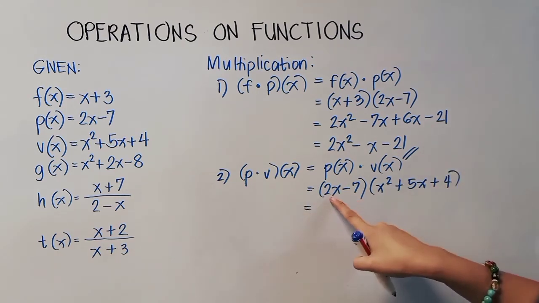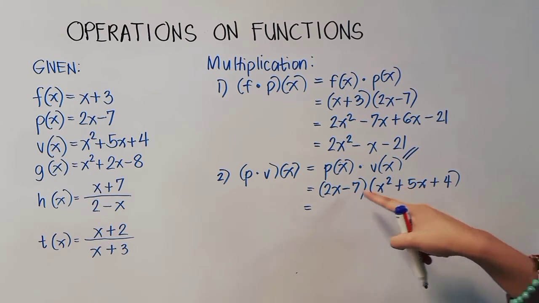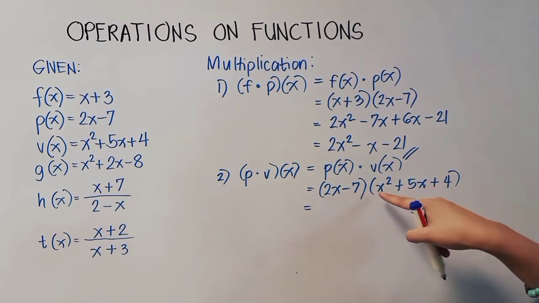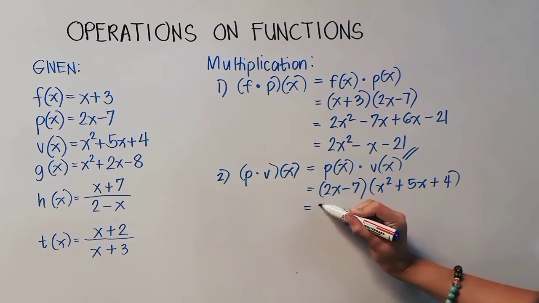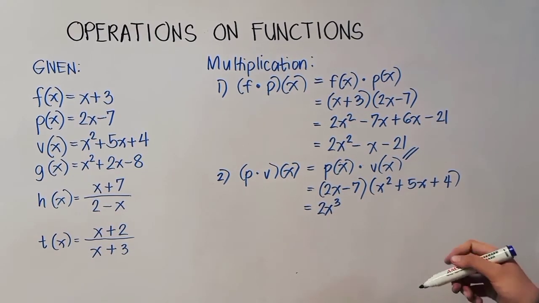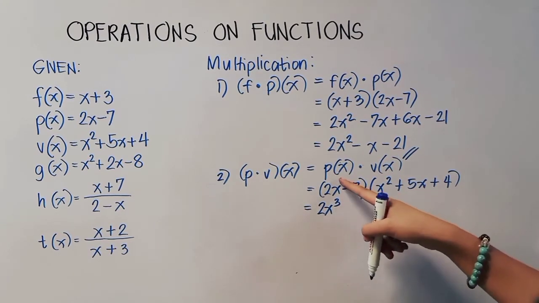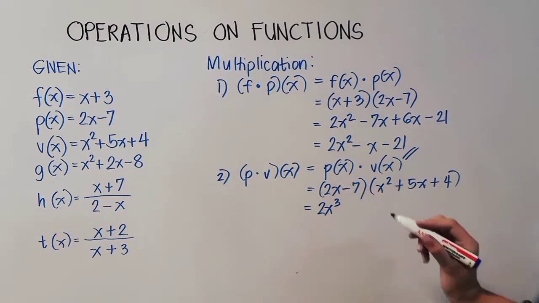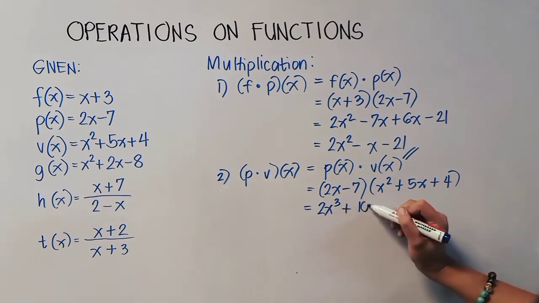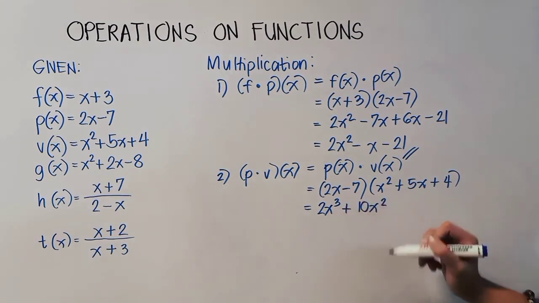Now we will do here multiplication by term. So we'll start with 2x. So 2x times x squared, that's 2x cubed. So there are 3 x's here, 2 from here and 1 from here. And then 2x times 5x, that's positive 10x squared.